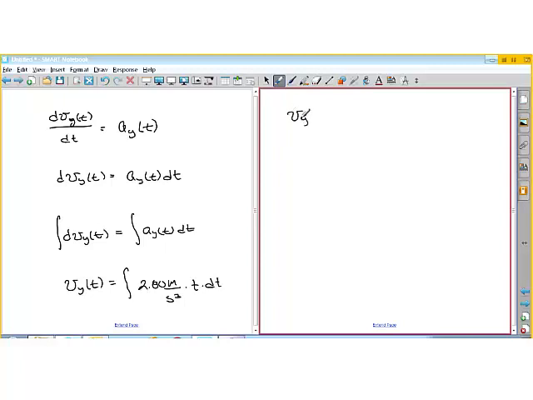You'll see what happens in just a second. So when you integrate this, you get the same thing. You get 1.4 meters per second cubed, that comes from dividing by t squared over 2, times t squared. And you add this arbitrary constant c at the end. And then you use your initial condition.